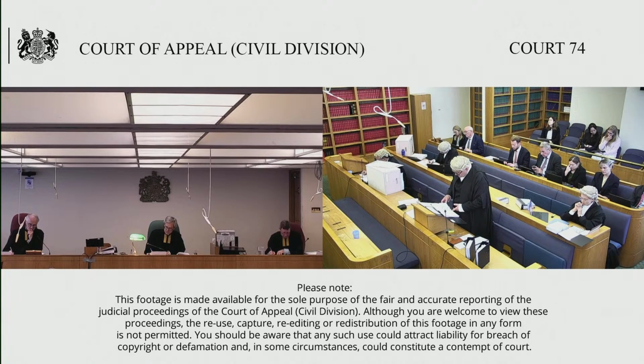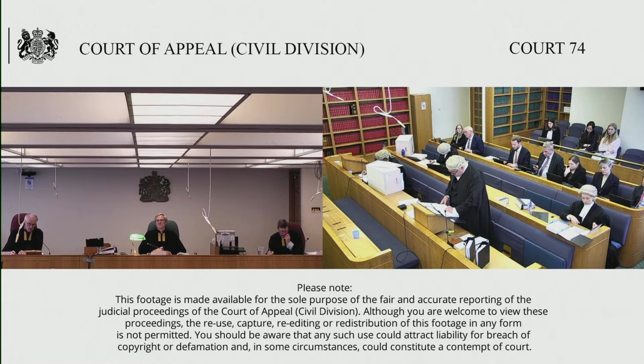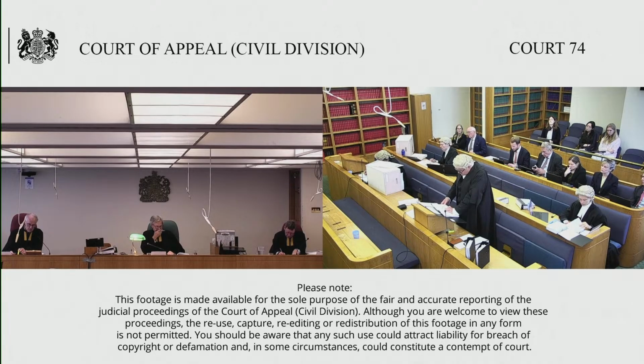It was common ground, and indeed the judge found, that Oceanus knew that if the vessel went to Ukraine, that would involve a breach of the trading warranties in the annual war risks policies. Indeed, that was the very reason why the additional December cover was required. Because Oceanus knew there'd be a breach of the trading warranties and knew, therefore, that the annual war risk policy would not, in any circumstances, respond if there was a casualty while the vessel was in Ukraine.